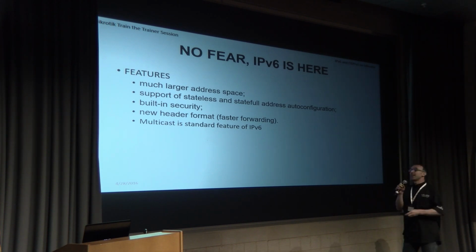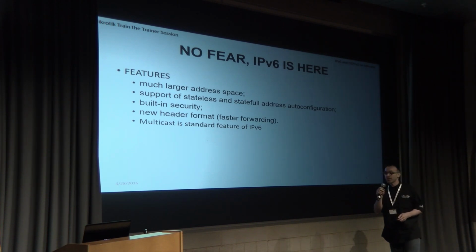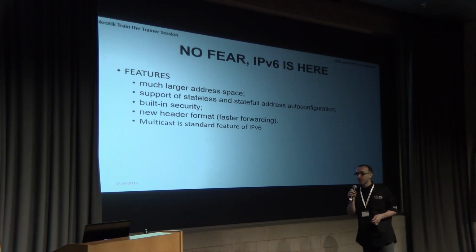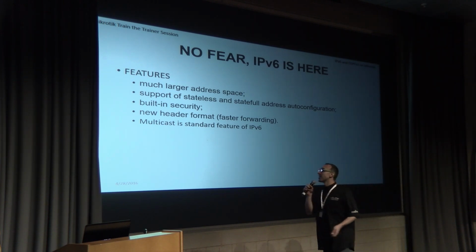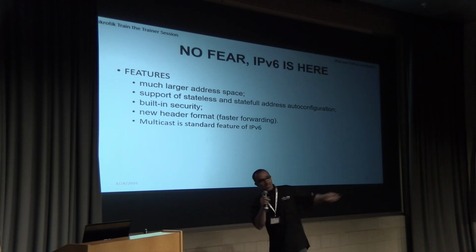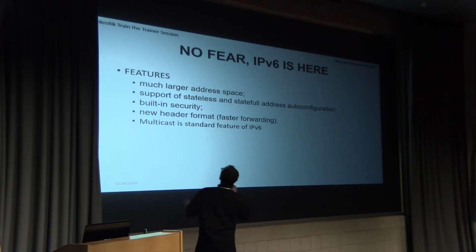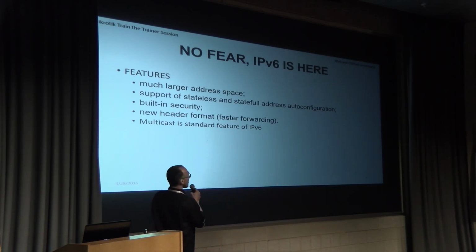Undecillion, that's a huge, huge number. I wish we all had that amount in our bank accounts, but that's not happening anytime soon, but at least we have IPv6. So that's good. Let's go through the features. A much larger address space, undecillions.